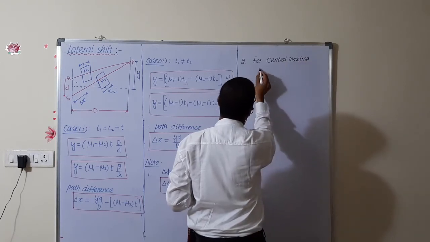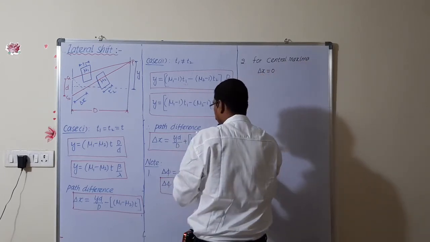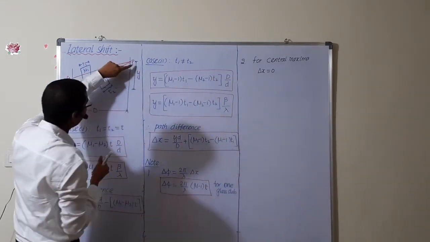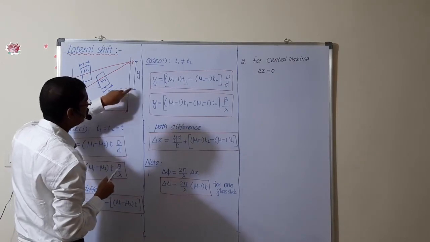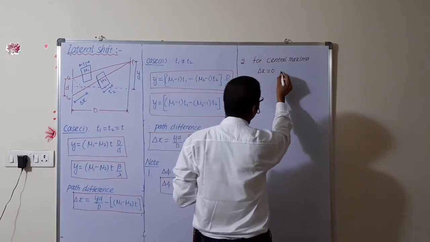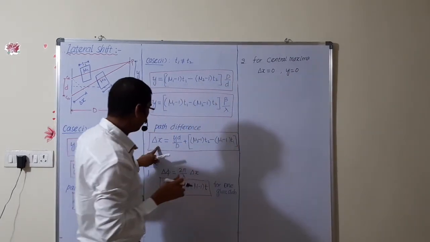For the central maximum, what is it? Delta x value is 0. Delta x value is 0. Where will this y value be? It will form here. Automatically the y value also will be 0. If you substitute x value 0, y value is 0.